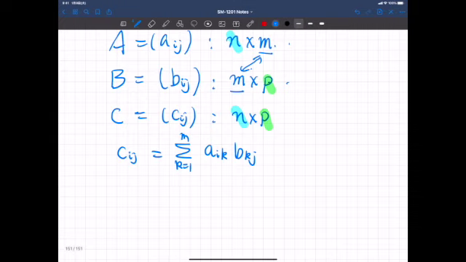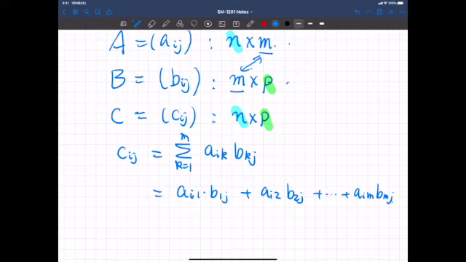Okay, so this means this. Let me write it a little bit more explicitly: this summation is Ai1 times B1j and Ai2 times B2j and so on, up to AiM BMj.